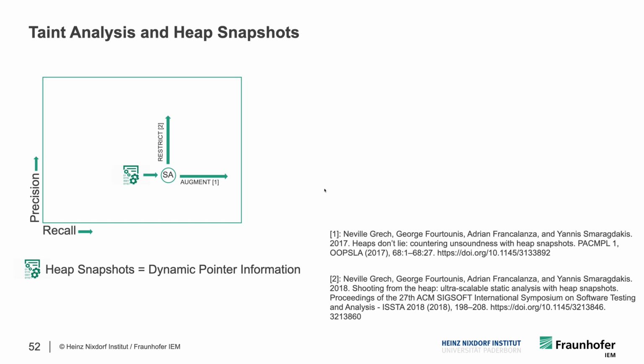And so, like I just told you, there are two different ways of using heap snapshots in general, right? You can augment the static information, which will give you higher recall, and that was the focus of this previously published paper. But then there's also the possibility to restrict the static analysis information to gain better precision, which was part of this paper here.